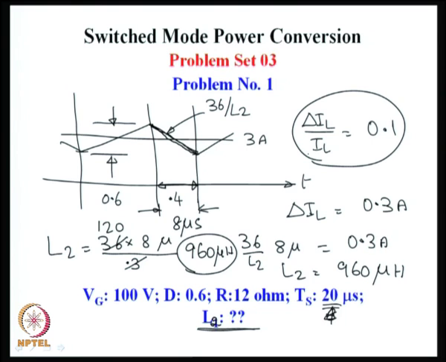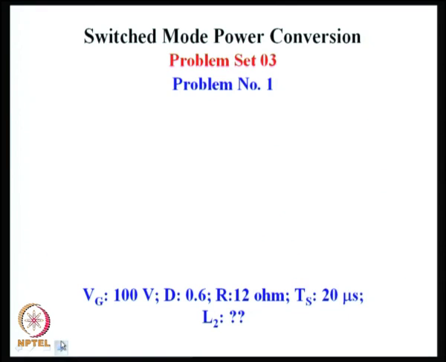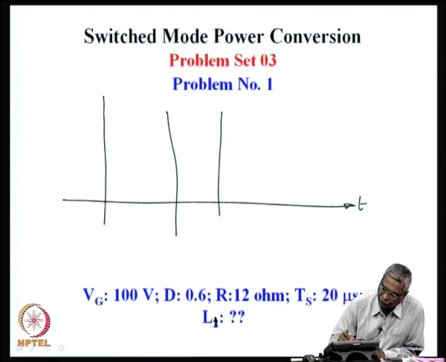In the same way, it is possible for us to find out the ripple current on the input side inductor. We know that the input side inductor also follows a similar kind of on time, off time, current is increasing and decreasing, and this current on the input side inductor is 1.8 amperes.